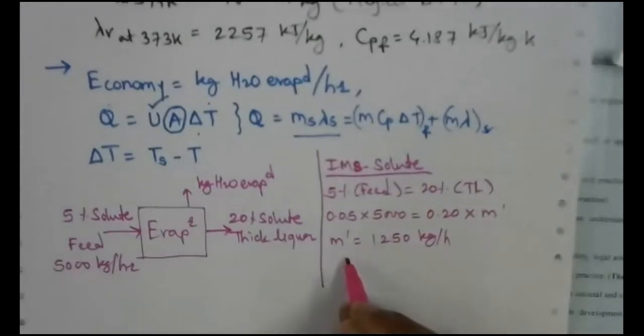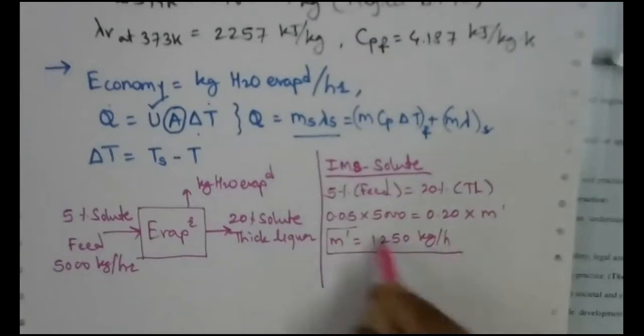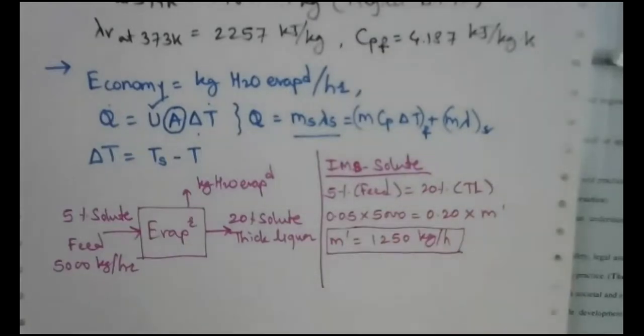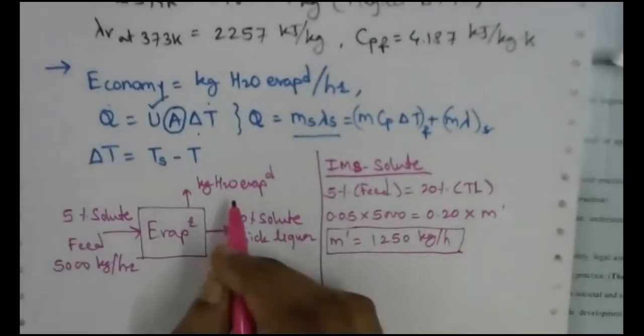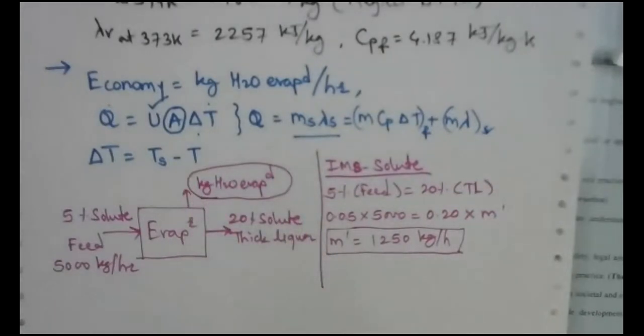So this mass flow rate of thick liquor is nothing but the product mass flow rate, and from this data now we can calculate the economy, that is nothing but the kg of water evaporated. So how to calculate?